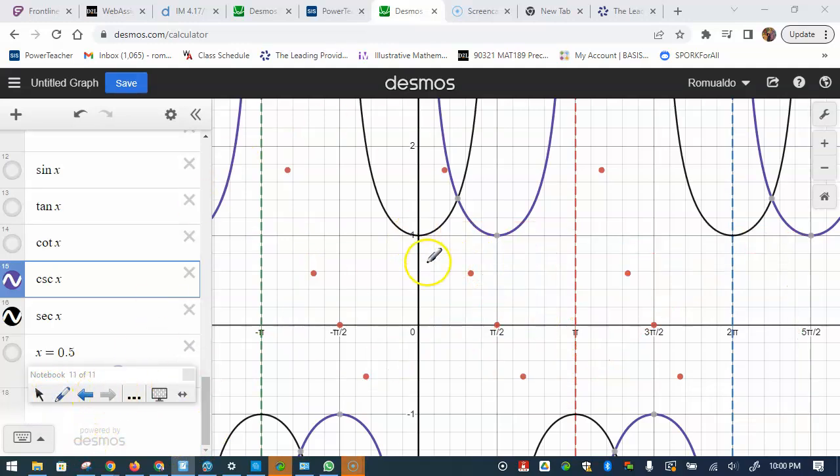You can clearly see here, this is the secant graph, and the secant graph is undefined for odd multiples of pi by 2, but this graph, which is the cosecant, is undefined for integer multiples of pi by 2.